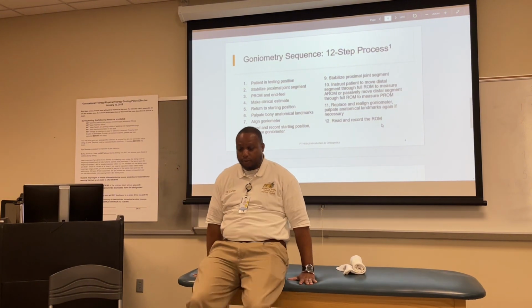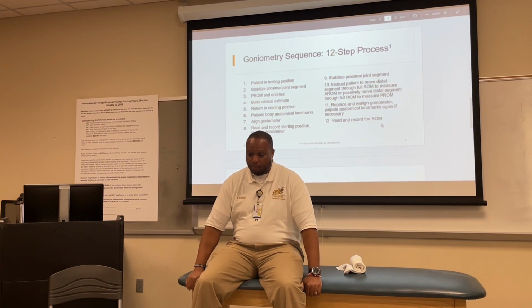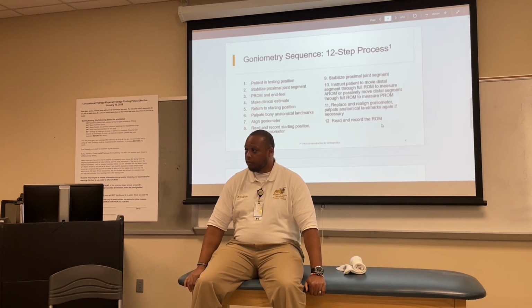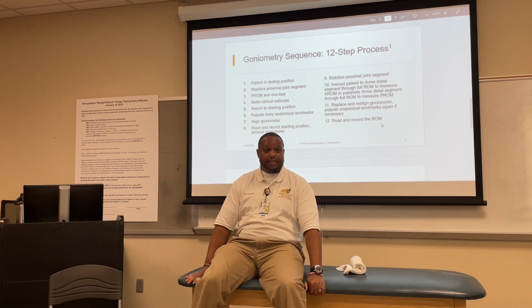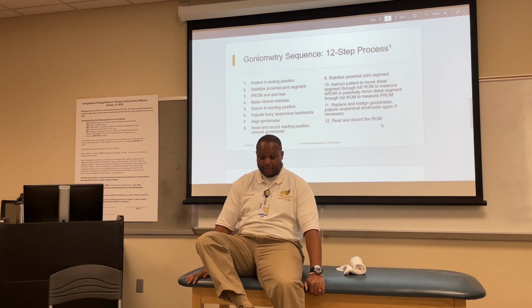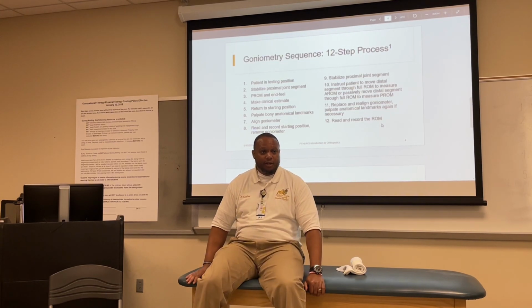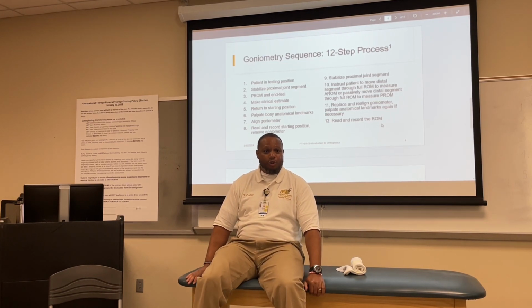For example, when I'm looking at hip internal and external range of motion, you know what patients want to do? They want to lift the thigh off of the plinth to get extra range of motion. See how much extra range of motion I get? But I'm also recruiting my iliopsoas.